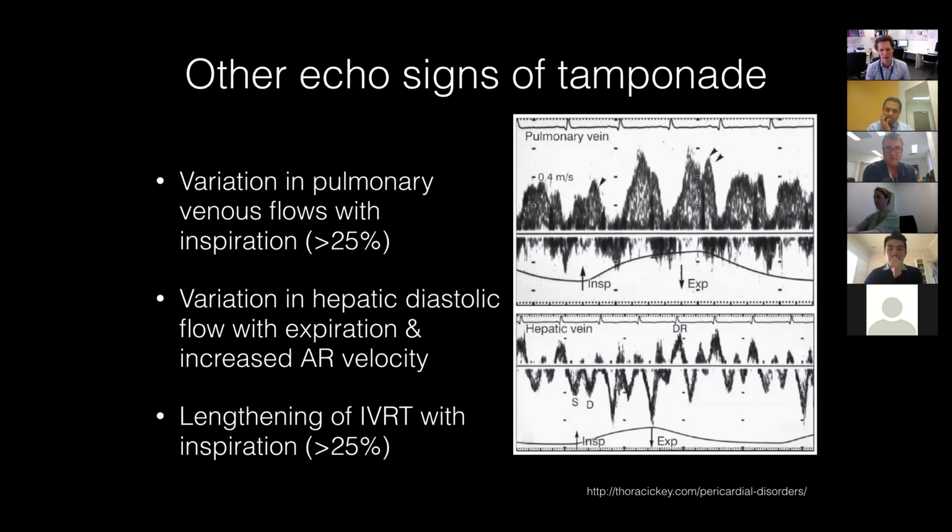You can talk about variations in the pulmonary venous flow with inspiration greater than 25%, hepatic diastolic flow with expiration and increased AR velocity with expiration, lengthening of the interventricular relaxation time with inspiration. I have to read these off to try and remember them, because it's not something that I use clinically. I think if you can remember these, that's great. If you mention these before you talk about right atrial collapse and right ventricle collapse, you're going to get the examiner offside super fast, I would have thought.